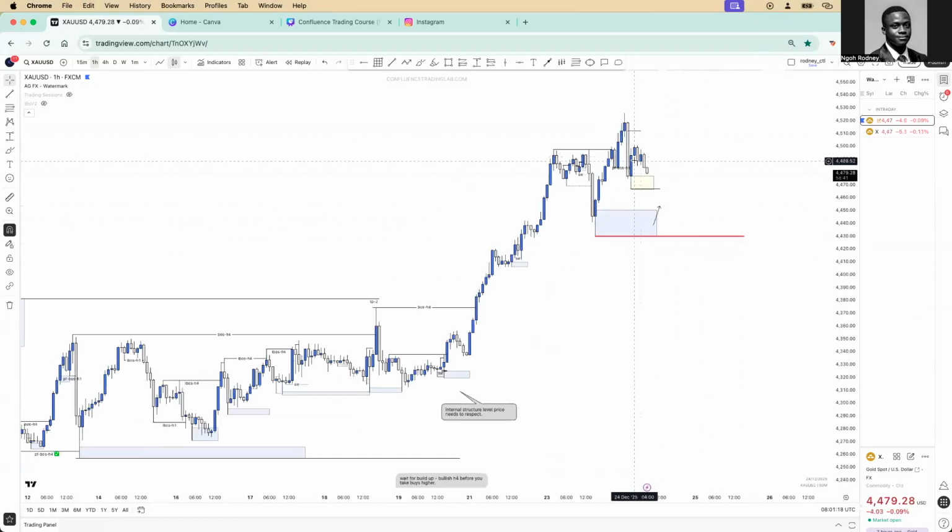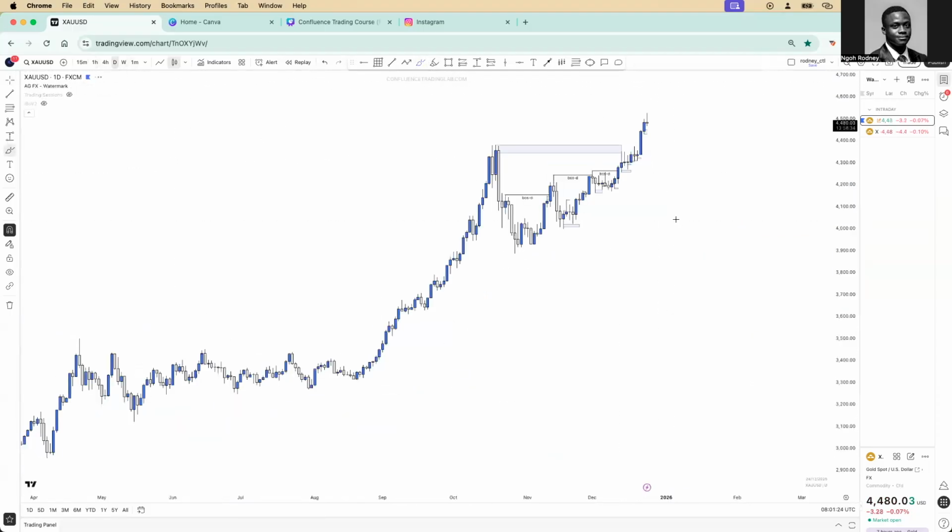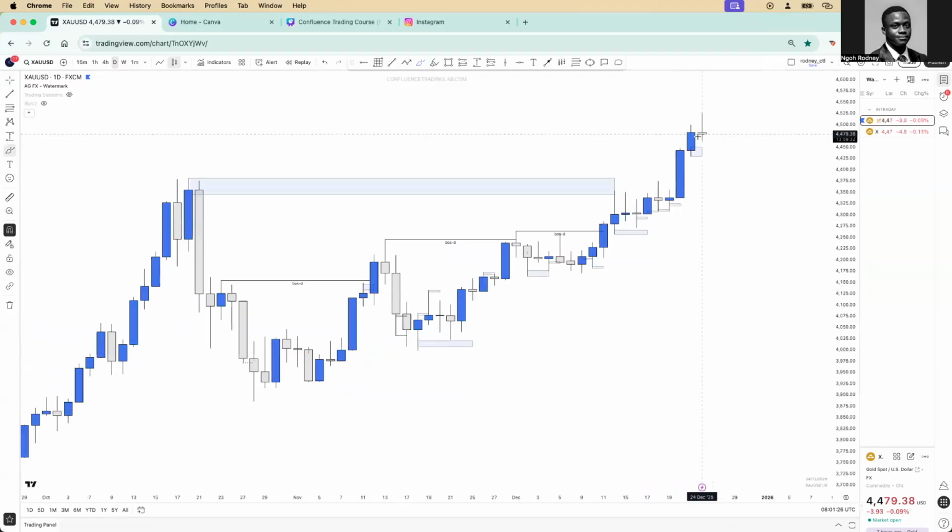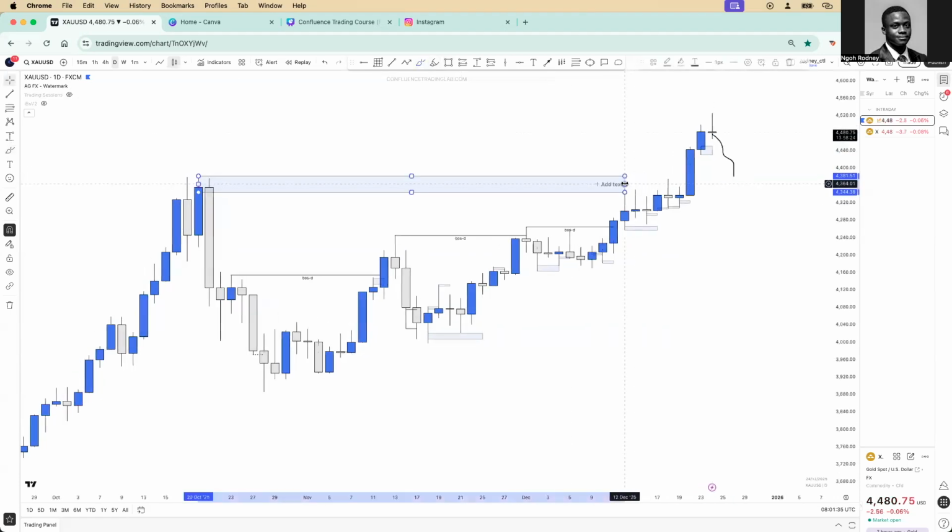And possibly what that could also mean is that price wants to come lower. Because remember what we're saying here on daily is that this candle could flip bullish, or what could possibly happen is that we could have a pullback into this zone here, and then a continuation higher.